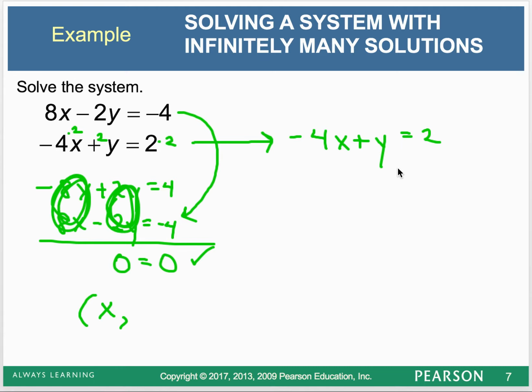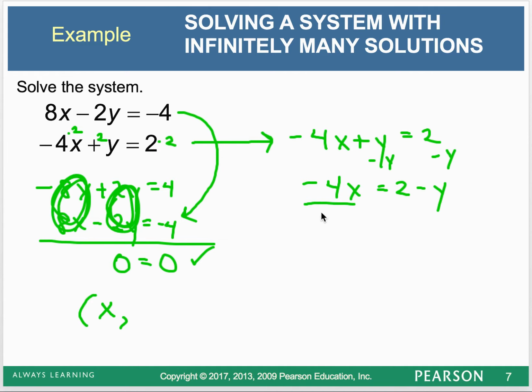Let's solve it for y. We need an x. If I'm going to make x arbitrary, I need an x in both equations, right? So let's solve this for x. So negative 4x, let's subtract y from both sides, equals 2 minus y.